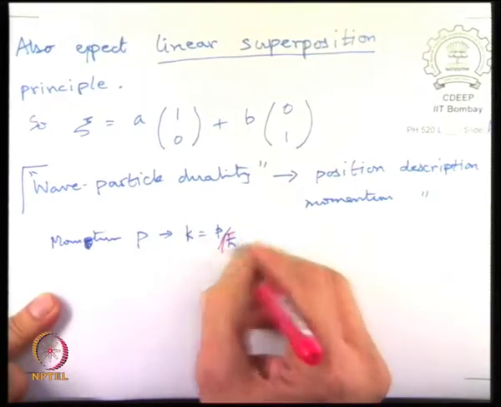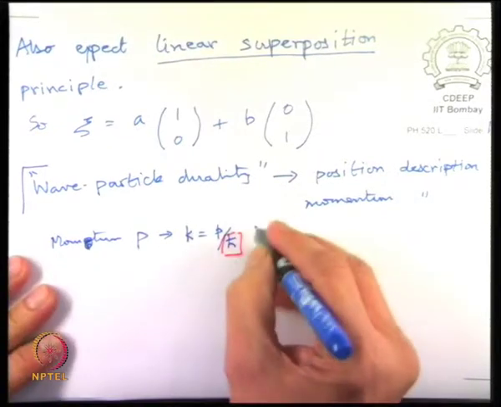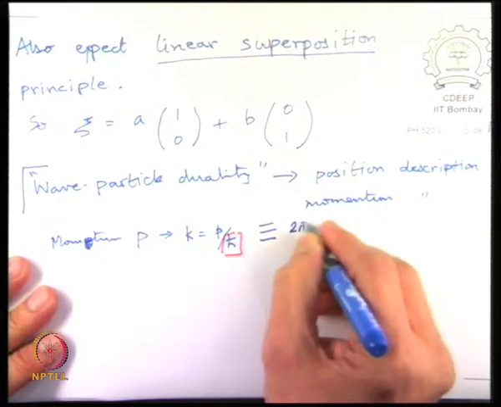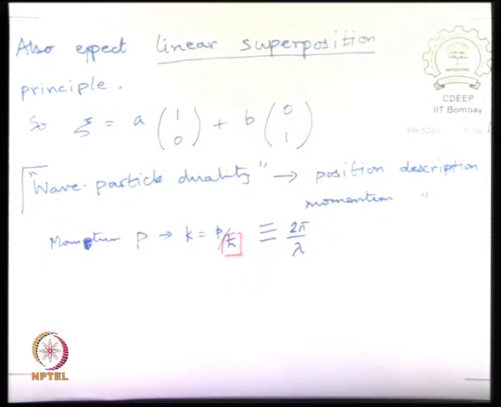Okay. So to momentum p, you associate a number of dimension 1 over length, which you define in your wisdom to be equal to 2 pi by lambda. This lambda is a product of your fertile imagination.